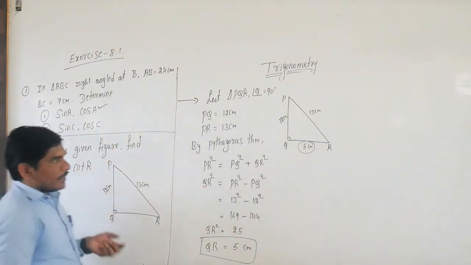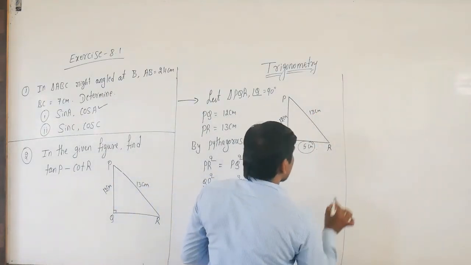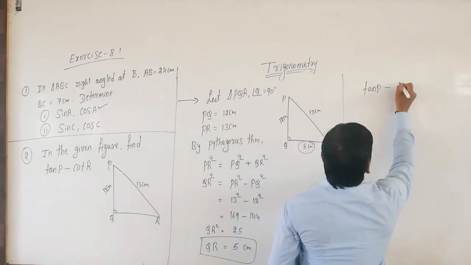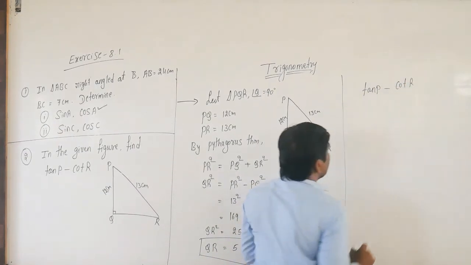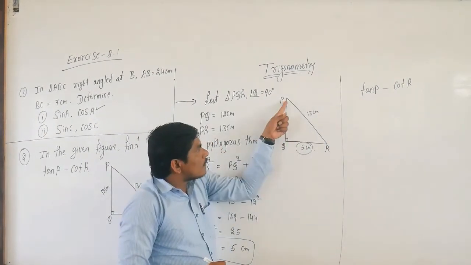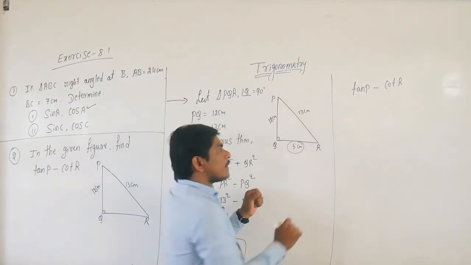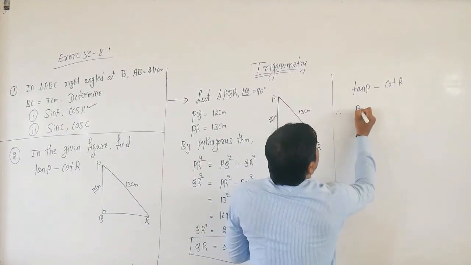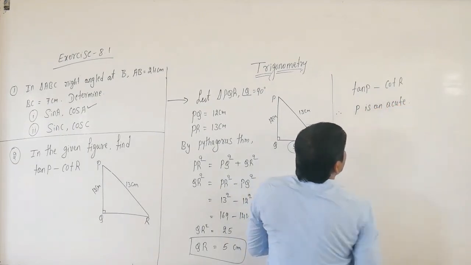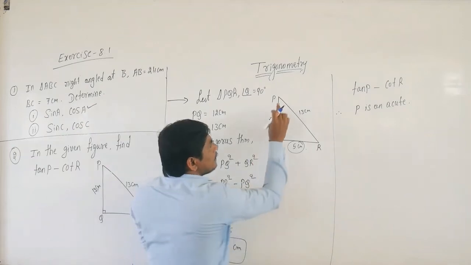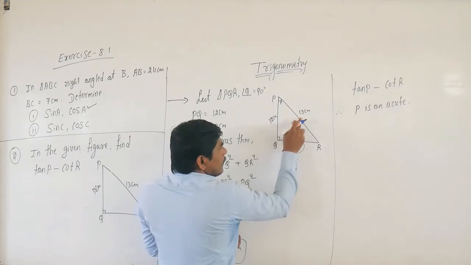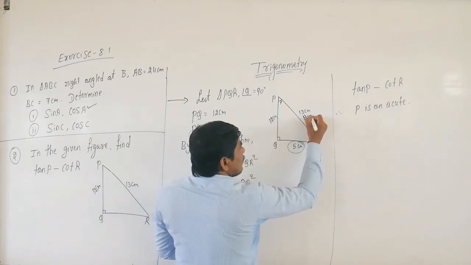Tan of P. Here tan P minus cot R. Now first you calculate tan P value on the basis of angle P is acute. Here P is an acute. The side opposite 90 degree is the hypotenuse side.